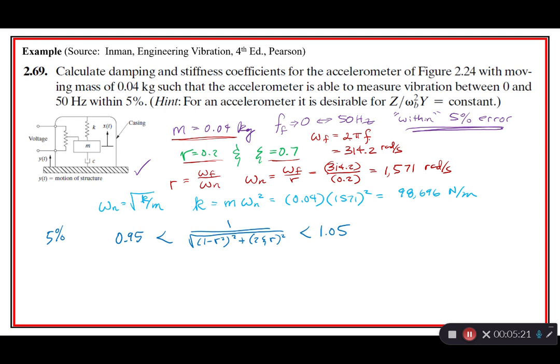We already picked r, so now we're going to see what squiggle will produce these two results.